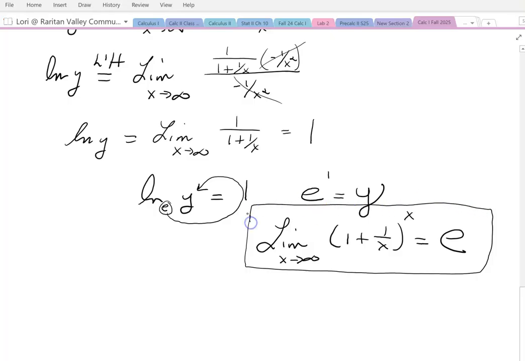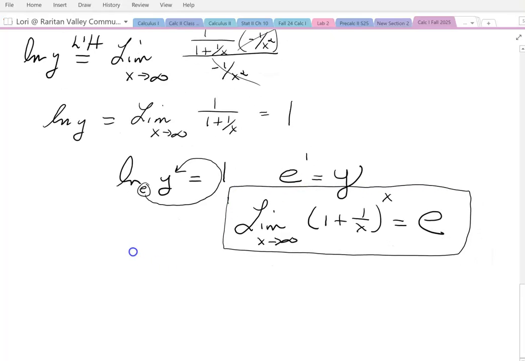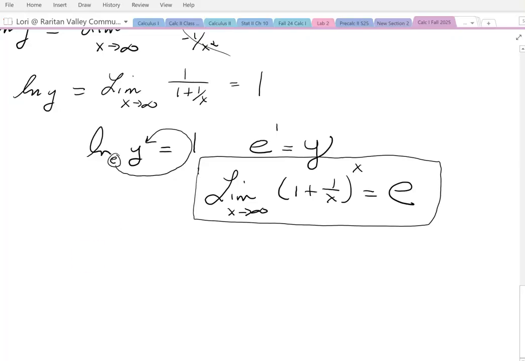This ends up being kind of a cool definition for e, something that you will, again, utilize in the second half of Calc 2. You might recall from your first lab, when we first did limits, I asked you to find the limit as x approaches 0 of (1 plus x) to the 1 over x.